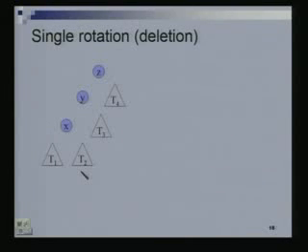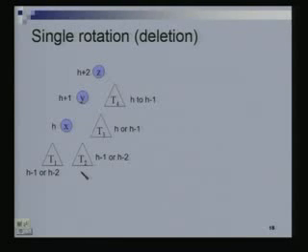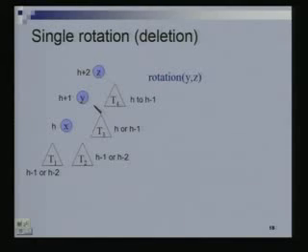So let's do a rotation now to see what needs to be done. So these are the various heights that we have seen. This is what we argued on the last two slides. Okay, now what kind of a rotation should I do? I'll do a rotation YZ once again, similar to what I did in my insertion.